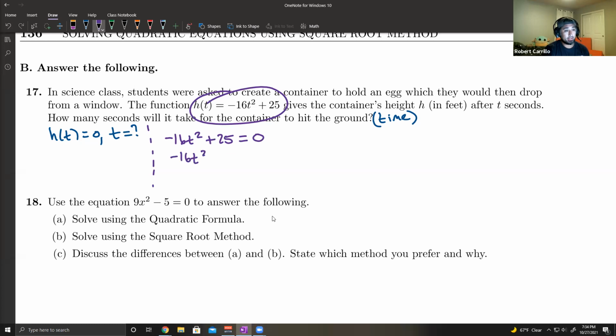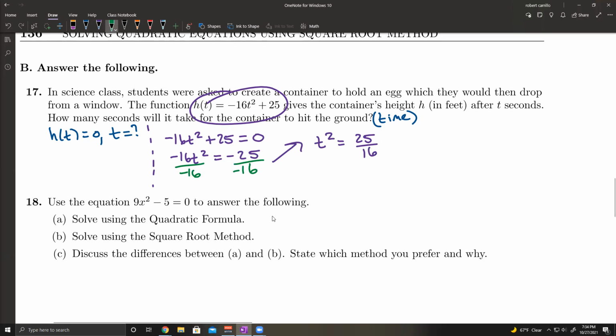And -16t squared equals -25. Divide by -16, divide by -16. And you get t squared equals 25 over 16. Now what do you do to both sides? Square root.